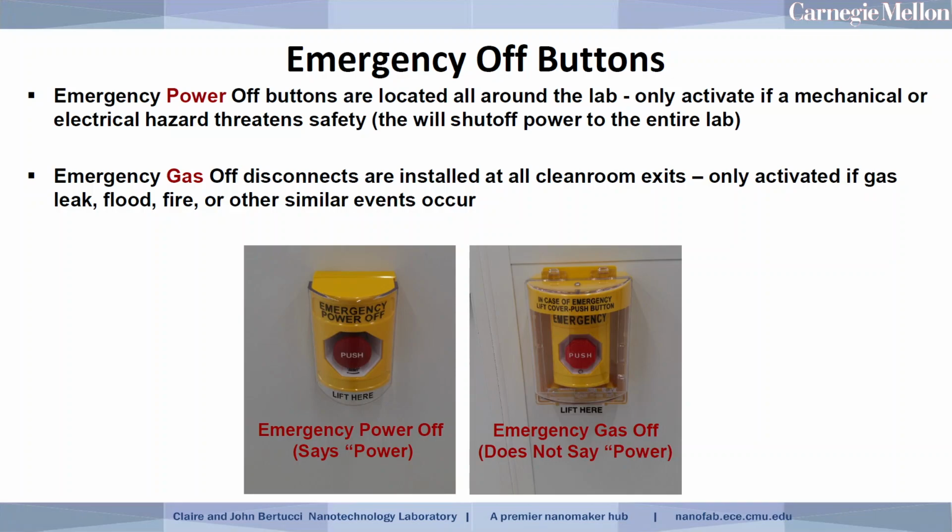The emergency gas off disconnects are going to be located at all clean room exits. The idea being if there was a gas leak, a fire, or a flood, you could press that on your way out of the lab.